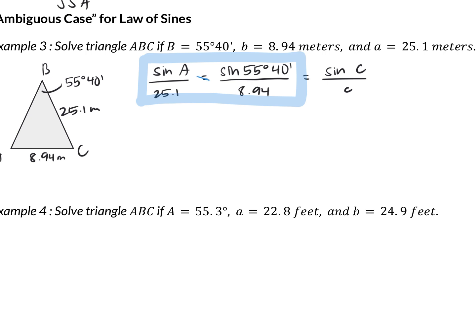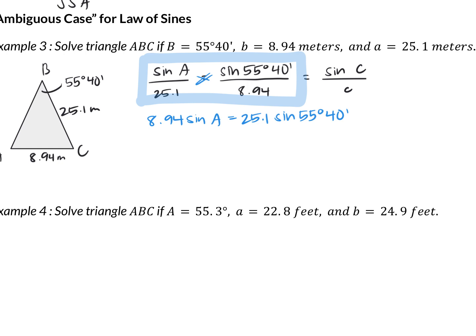Okay, so I'm going to cross multiply here, and I get 8.94 times sine of A is equal to 25.1 times sine of 55 degrees and 40 minutes. Now, I don't want you to type any of this stuff into the calculator until you've solved for that variable.